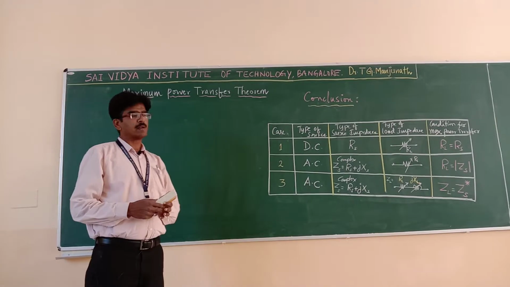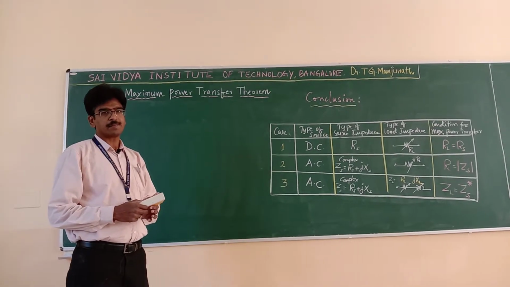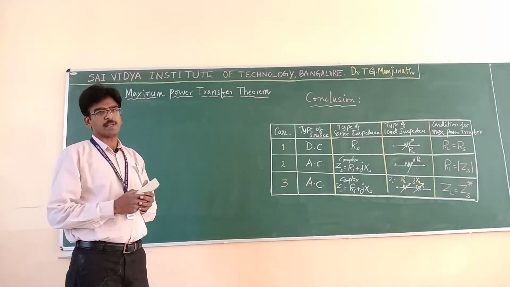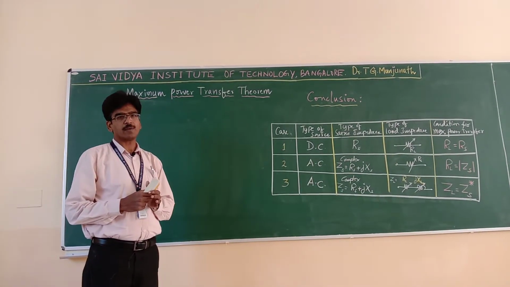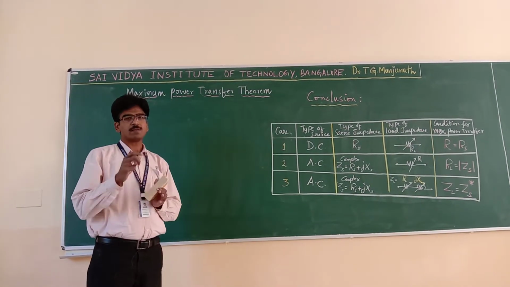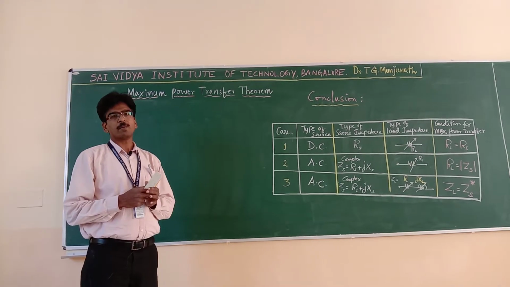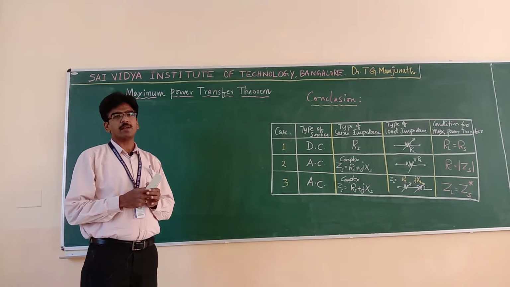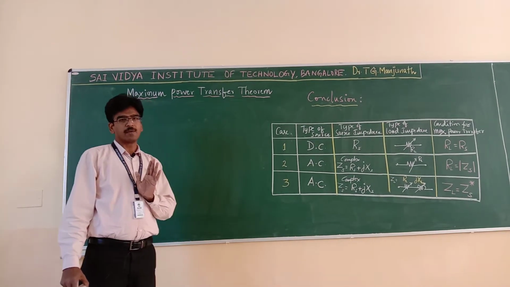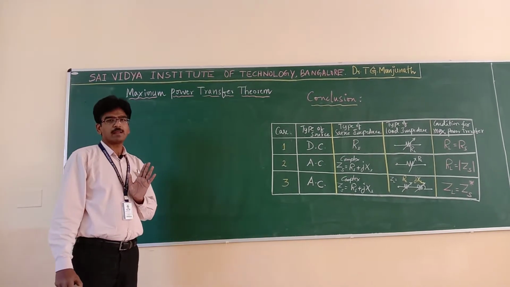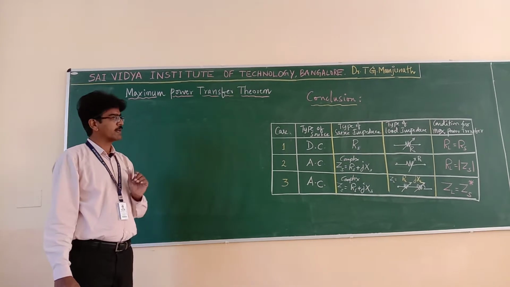In this session, let us work out some problems on the maximum power transfer theorem. What should we do to solve the problems? First, for the given problem, we should obtain Thevenin's equivalent circuit. If you know Thevenin's theorem, you know how to get the Thevenin's equivalent circuit for the given network.